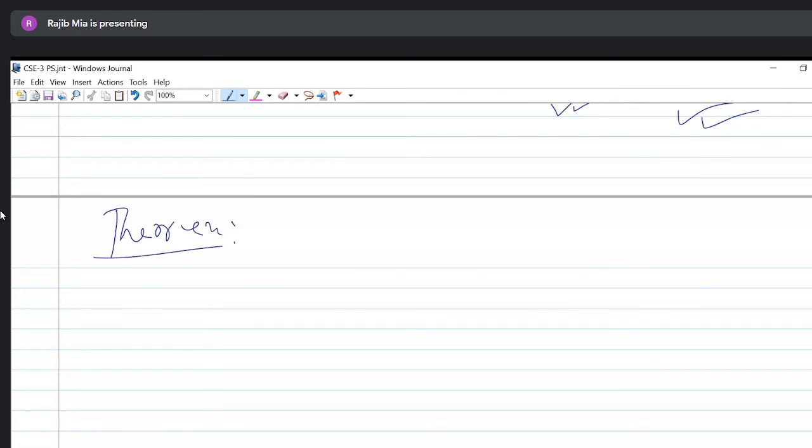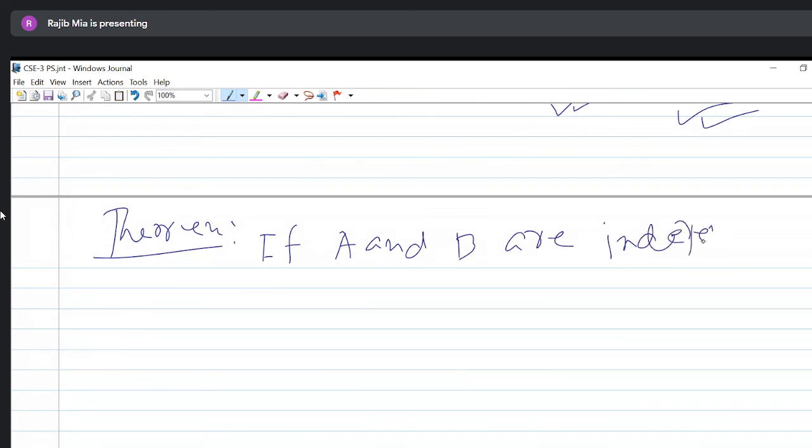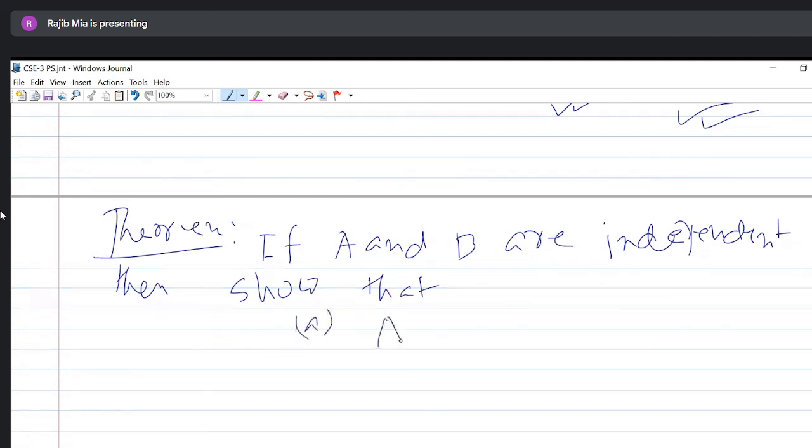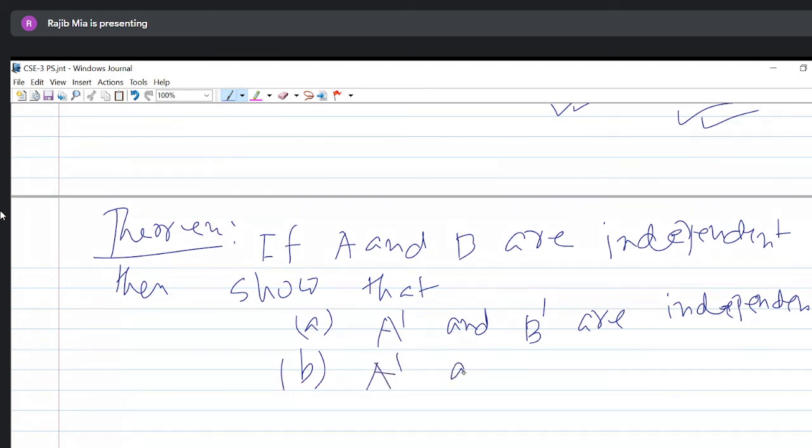See one theorem: if A and B are independent, then show that A complement and B complement are independent, A complement and B are independent, and A and B complement are independent.